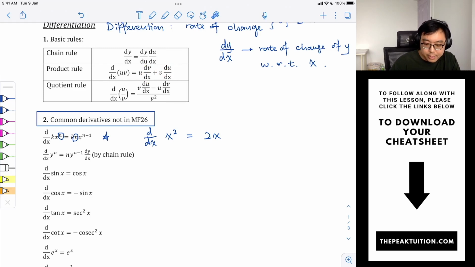In the case of a product rule, it doesn't matter which one you write at the start. You can write u dv dx plus v du dx or v du dx plus u dv dx.